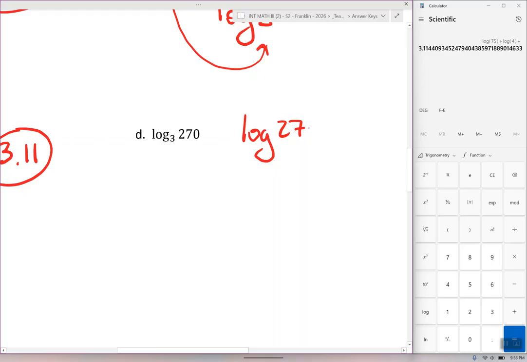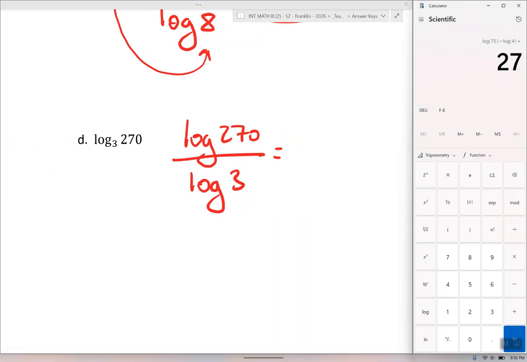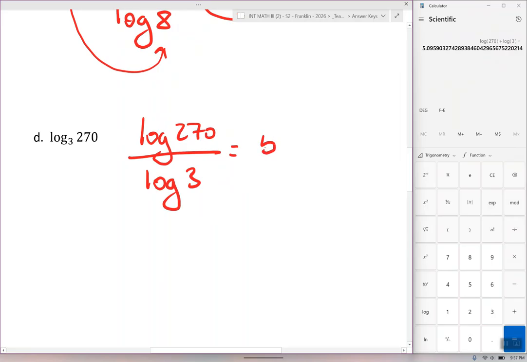Log of 270 over log 3. Oops. Got to clear that calculator. Log 270 divided by log of 3. 5.095 will give me 5.10.